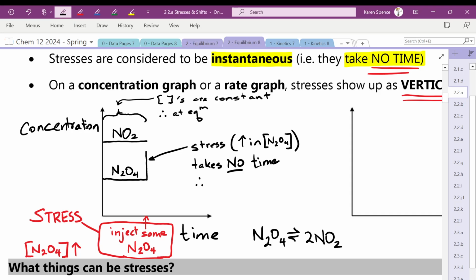And if it takes no time, therefore it is vertical. So that's what a concentration graph is going to look like, at least up to the stress point. Tomorrow, we will be looking at what happens after the stress. We won't get any further than that today, though.